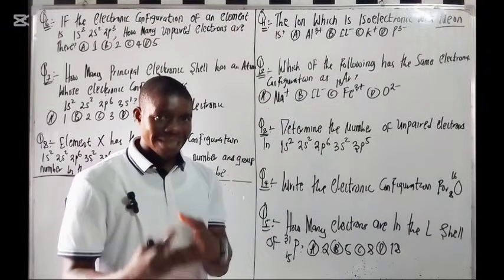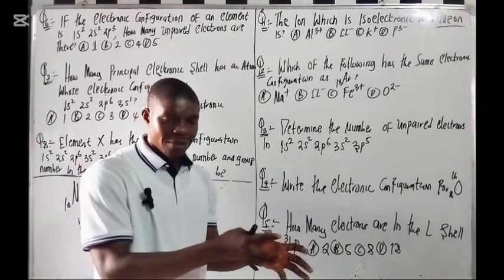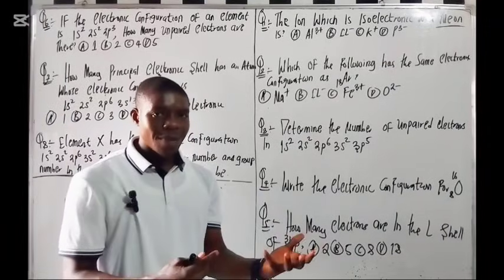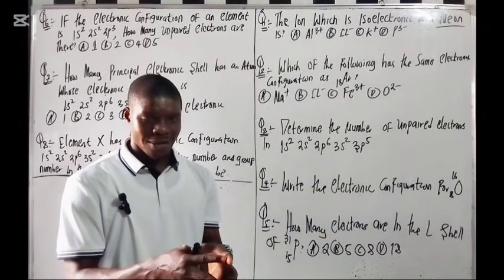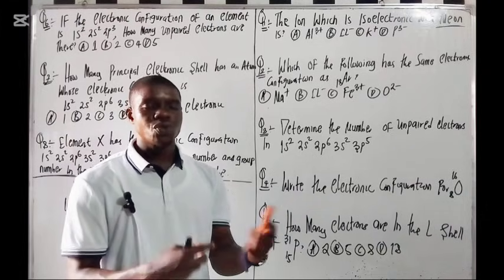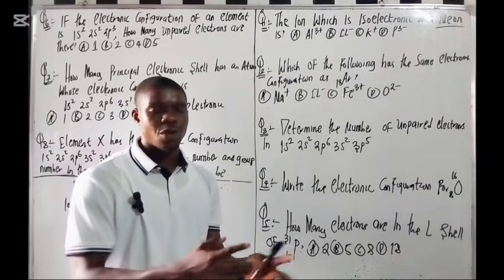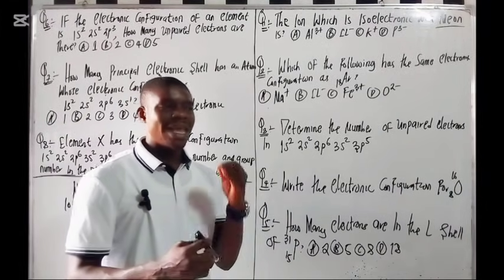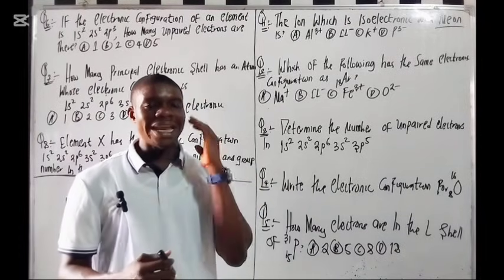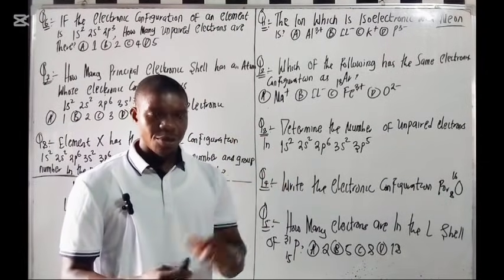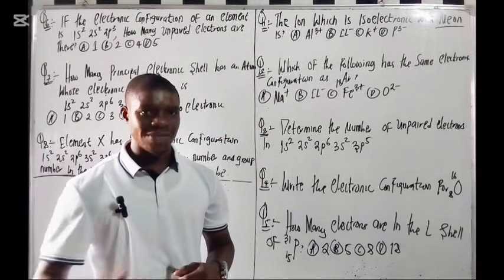Remember, in a neutral atom, the proton number is equal to the electron number. When an atom loses or gains electrons, it becomes positively or negatively charged. When elements lose electrons, they become positive, but when they gain, they become negative.